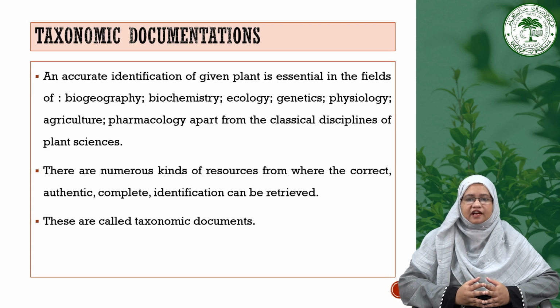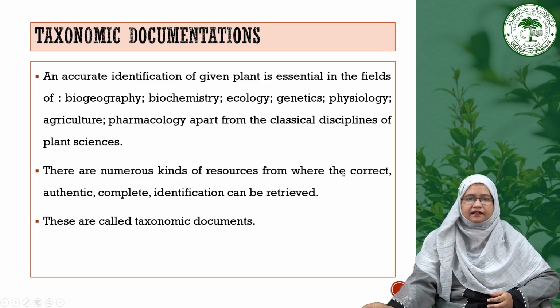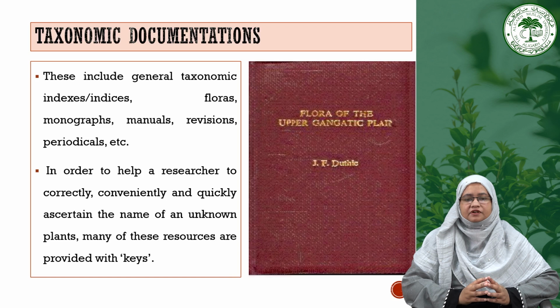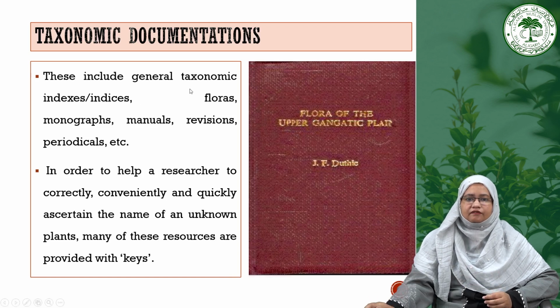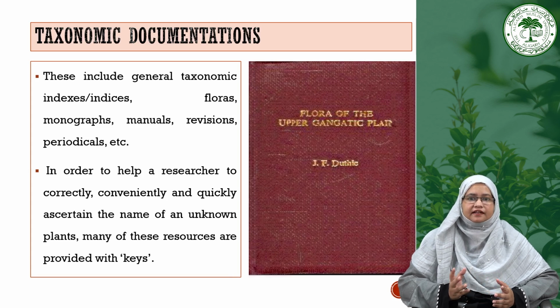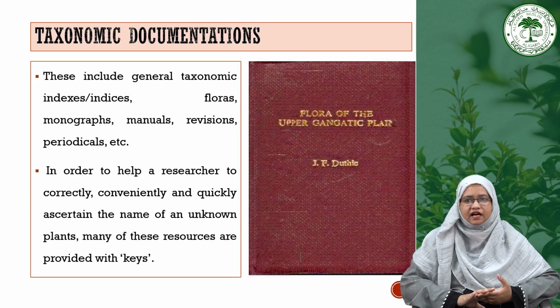So there are numerous kinds of resources from where the correct, authentic and complete identification can be retrieved, and these are called taxonomic documents. These taxonomic documents include indexes and indices, and floras. As you can see in this image, this is the Flora of the Upper Gangetic Plain, written by J.F. Duthie, a famous botanist who worked during the British period and was posted in Saharanpur.